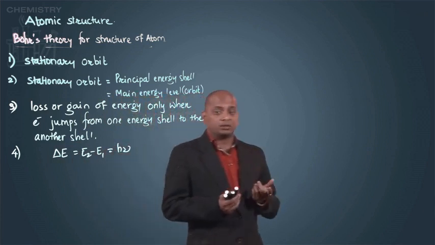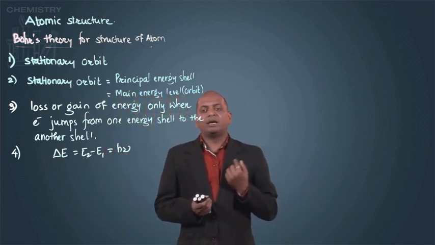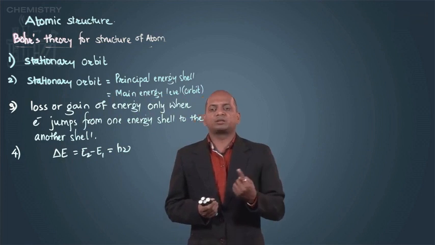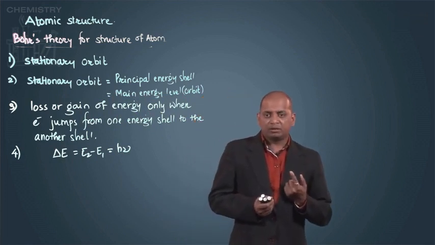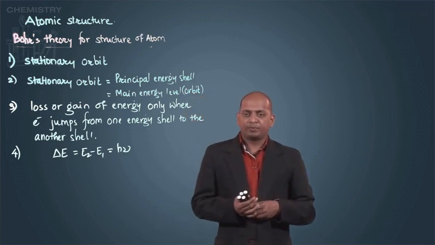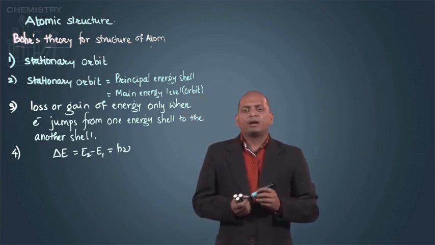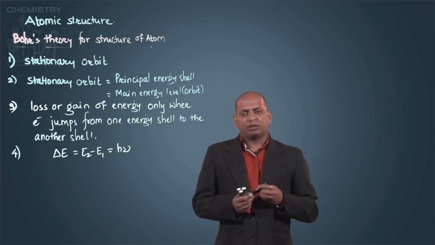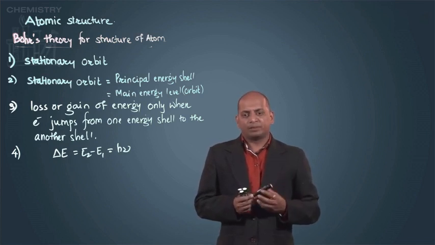Now, the question is, why is the electron revolving in a certain selected orbit? The answer is given by Bohr. Obviously, he considered a single electron, therefore he could explain it in a very nice way.